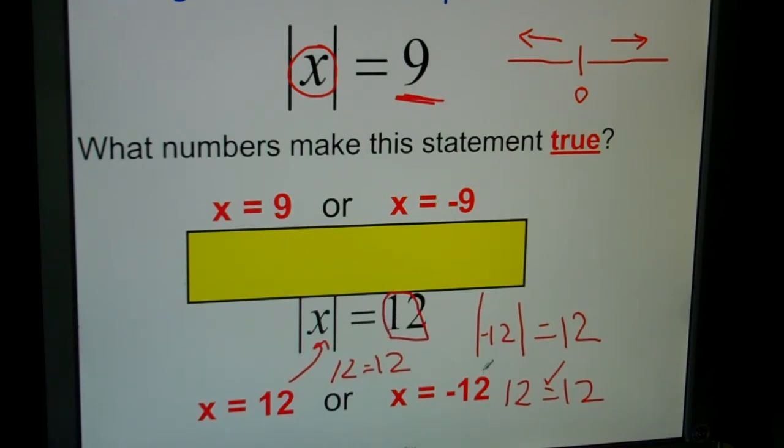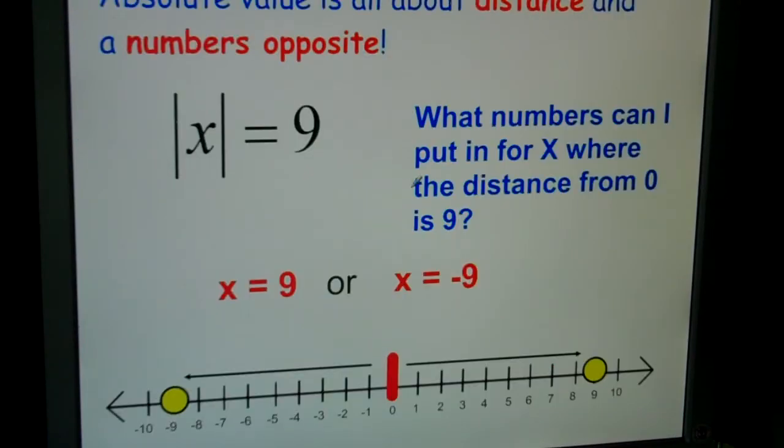You might want to pause that and rewind it. Here's the next one. All right. Absolute value is all about the distance, and distance is always positive. You can't go negative miles. And a number's opposite. I say opposites because look at what our solutions were, 9 and negative 9. So read this for a minute. What numbers can I put in for x where the distance from 0 is 9?